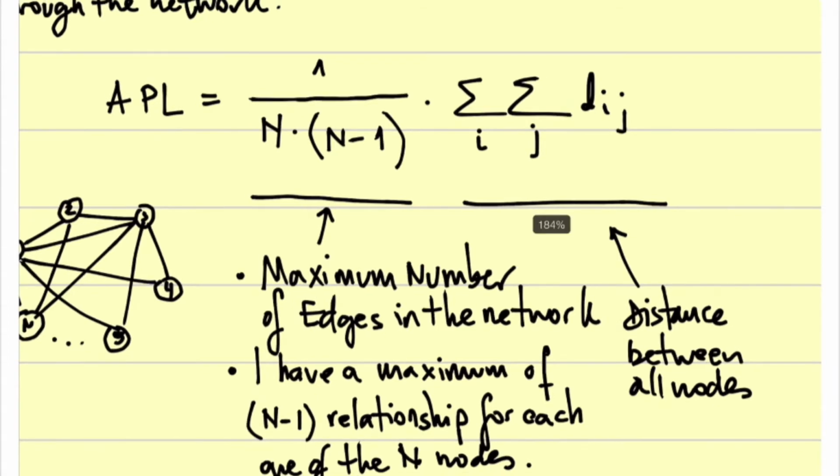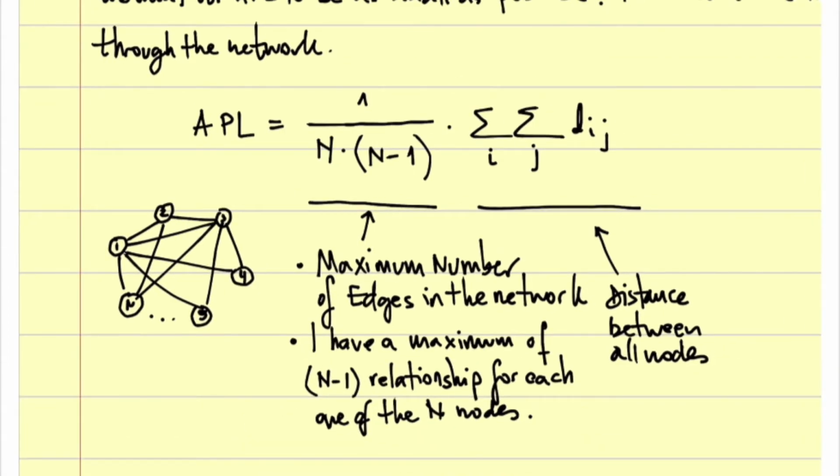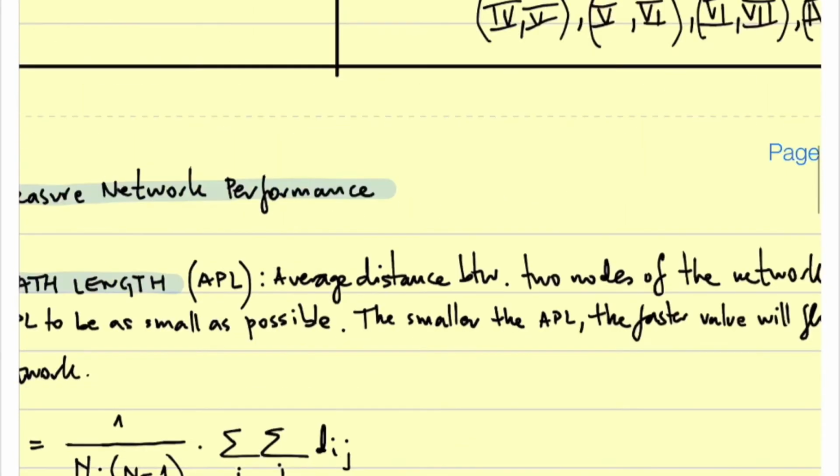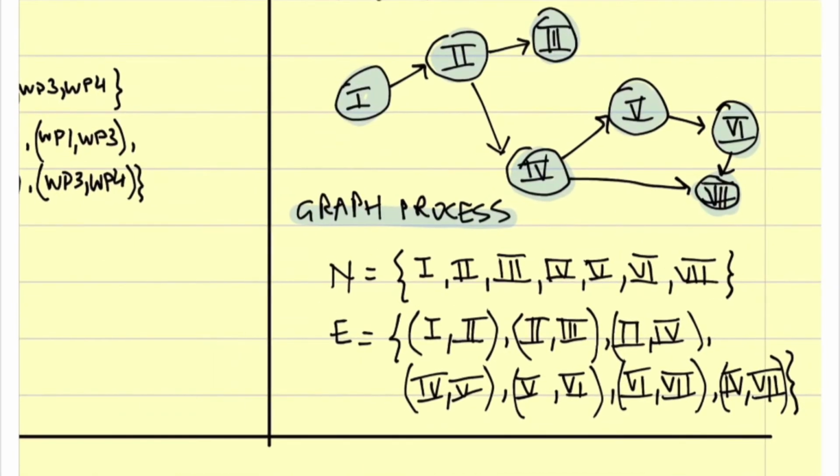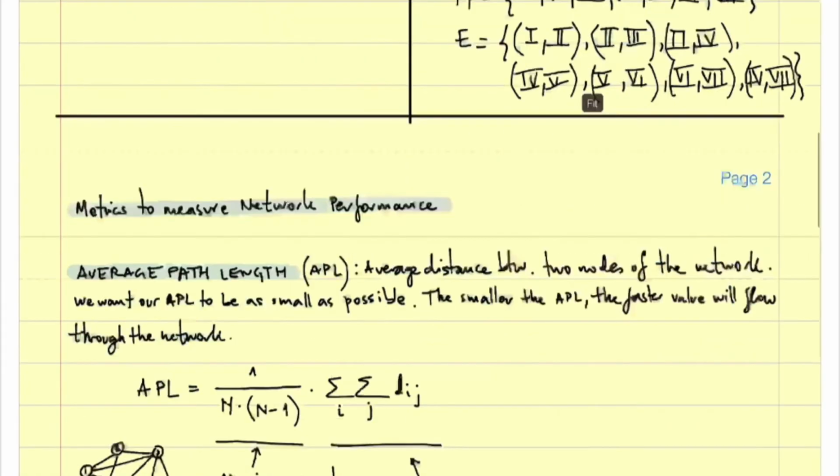Distance meaning the distance between, now let's say here in this network, what is the distance between 1 and 3? Well, 1, 2, because I need 2 steps. Or between 1 and 4, 1, 2, because I need 2 steps. Between 1 and 5, 1, 2, 3, okay? So this is the distance between the nodes.